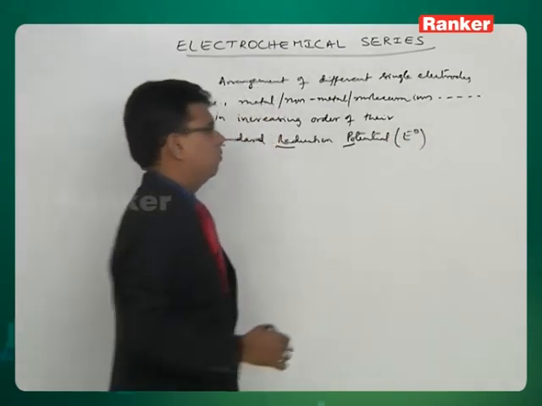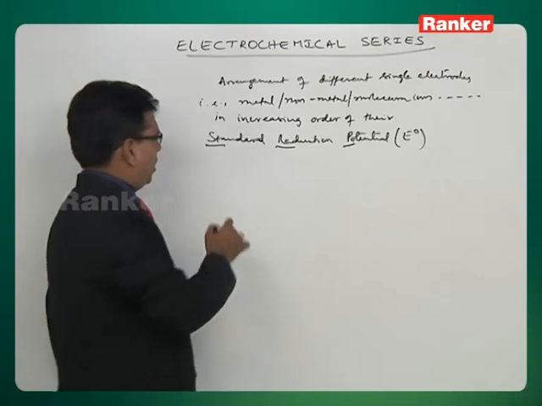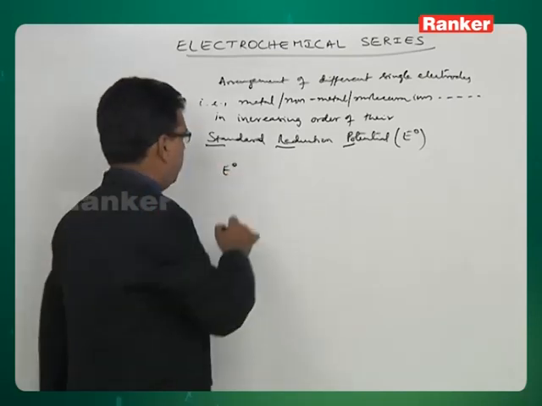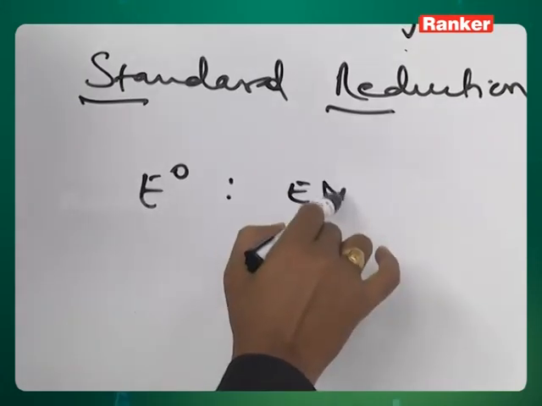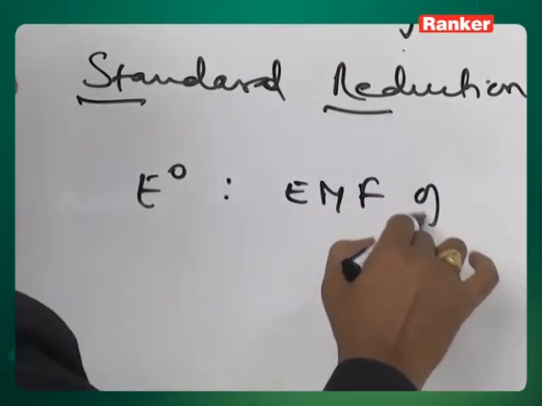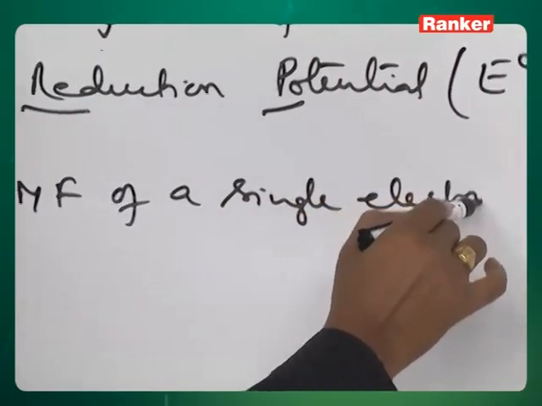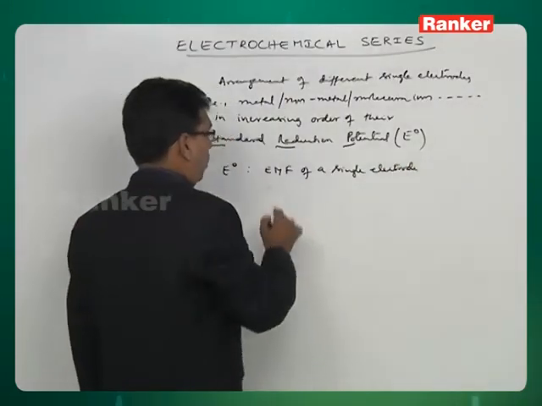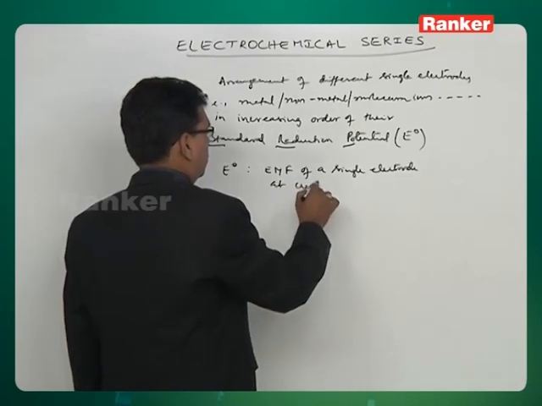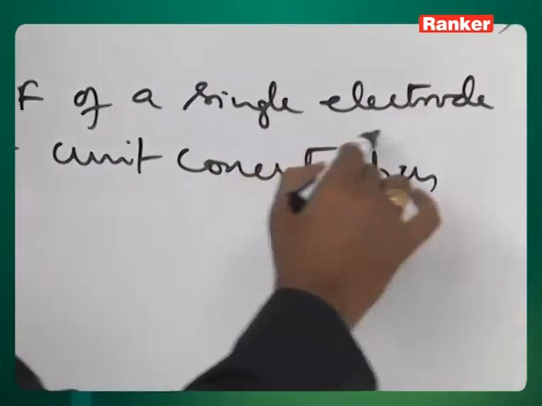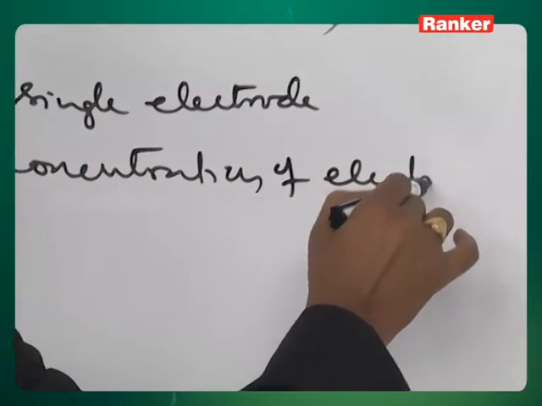that is E naught. As in every case, as we have seen, what is the significance of the E naught value? E naught is nothing but the EMF of a galvanic cell, the EMF of a single electrode at unit concentration of electrolyte.